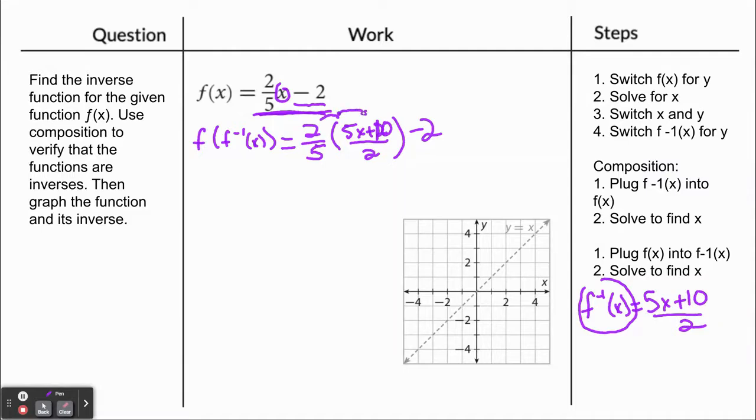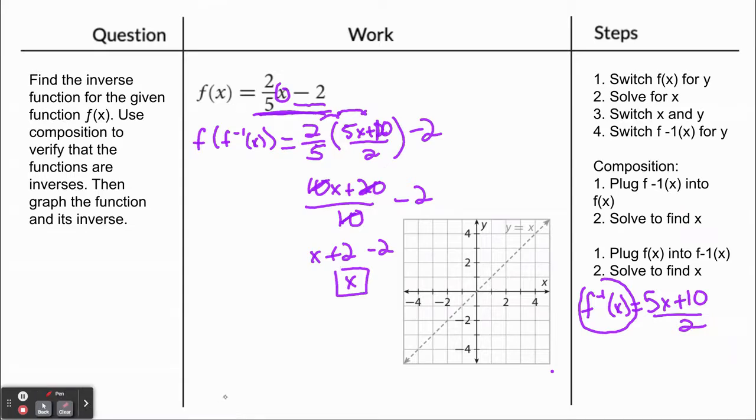I'm going to distribute here to get (10x plus 20) over 10, which in this case ends up leaving us with, when we cancel out this 10 from each factor here, x plus 2 minus 2, and plus 2 minus 2 leaves us with just x, which is what we were hoping for.